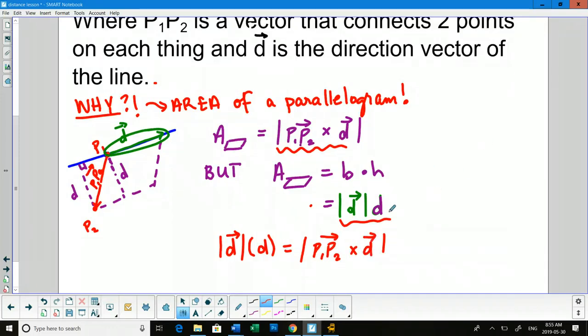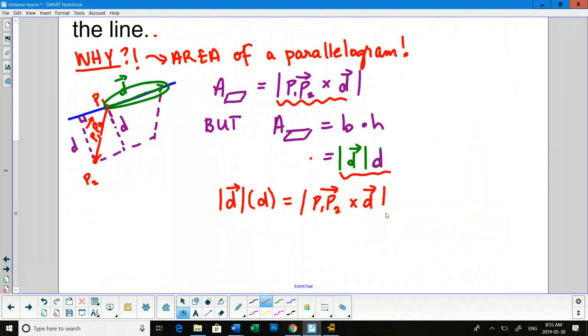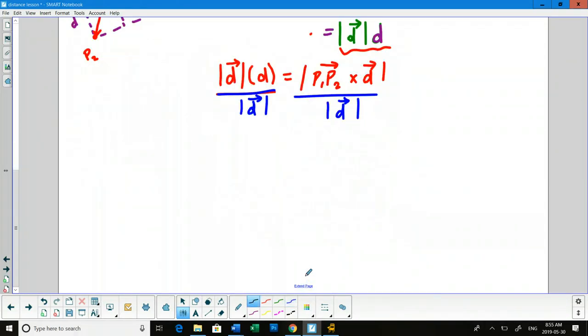I can isolate the distance by dividing out the magnitude of the direction vector. If I divide that out, I get that formula we worked with above, and that's why this formula gives me the distance between those two things.